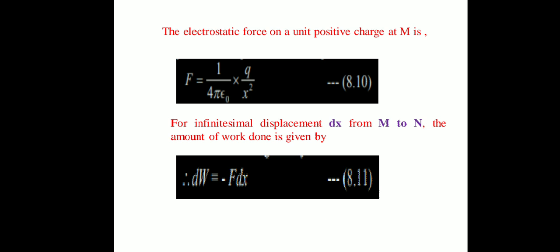So we have Coulomb's law. When the test charge is at point M and the separation distance between the charge q and the test charge at point M is x, F is equal to 1 upon 4 pi epsilon 0 into q divided by x square.